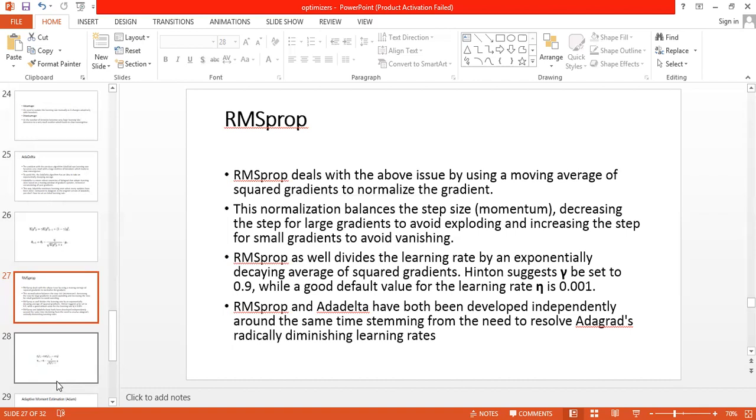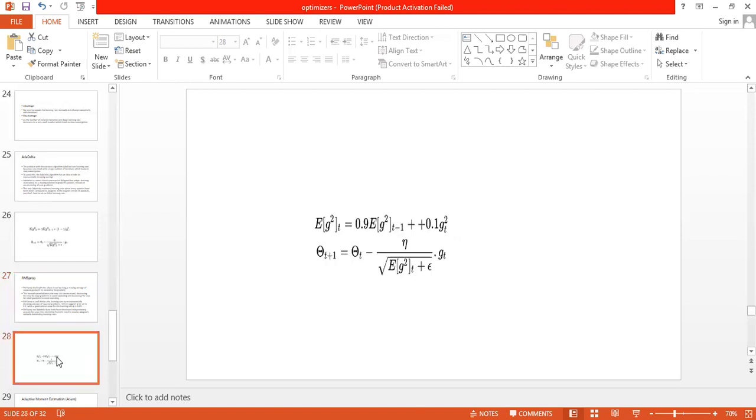Here it divides the learning rate exponentially and calculates the exponentially decaying average, and generally this sets the learning rate as 0.001. RMSprop and Adadelta have the same development strategy, but the learning rate is a little bit different, and this reduces the learning rate. Therefore the execution is faster than Adagrad, and this slowly decreases the value of the learning rate.